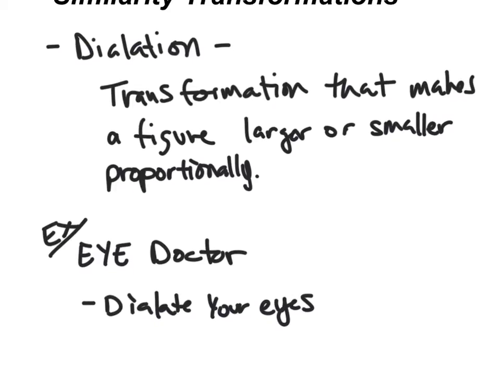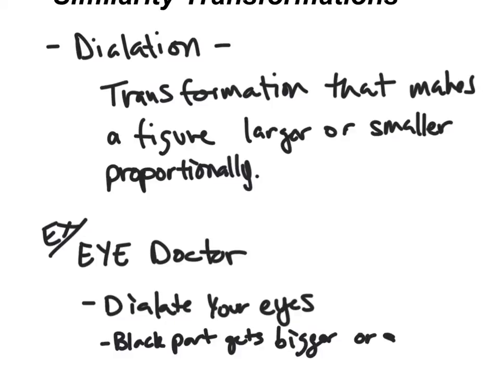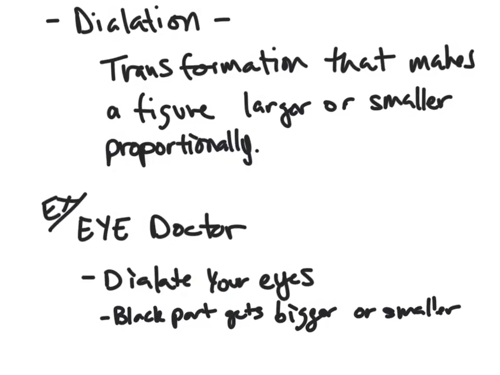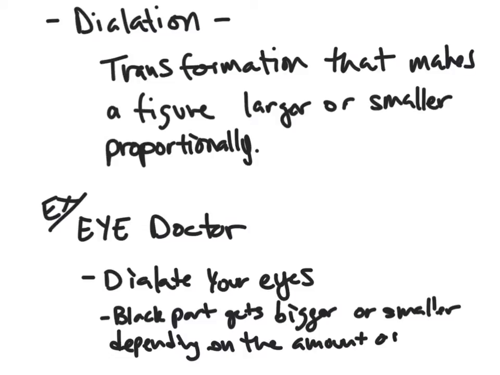When you dilate your eyes, the black part, the center, gets bigger or smaller depending on the amount of light that it wants to pass through.